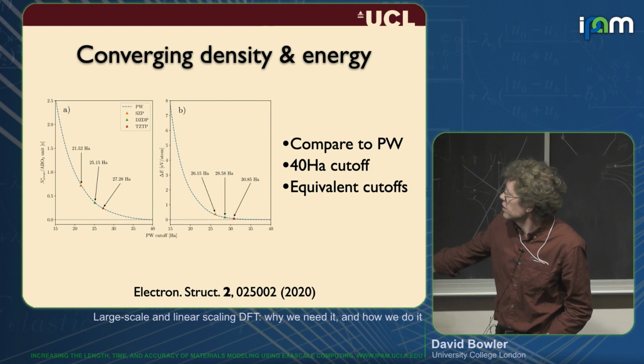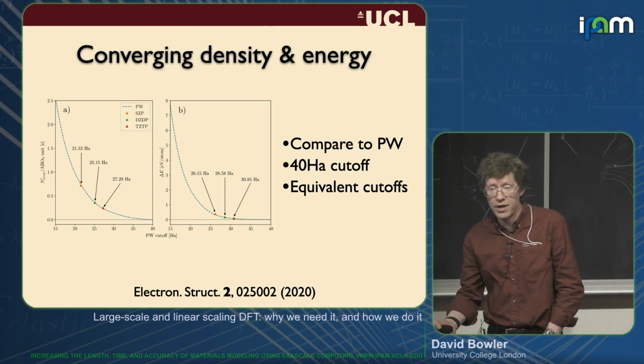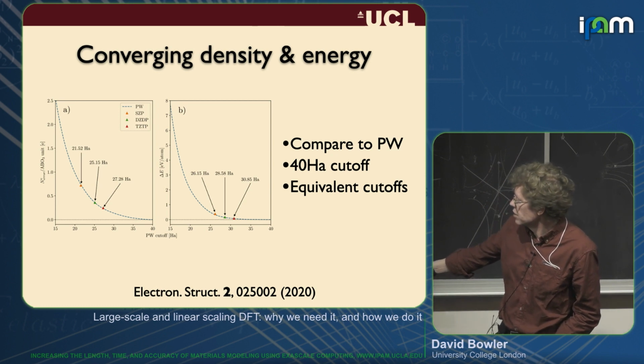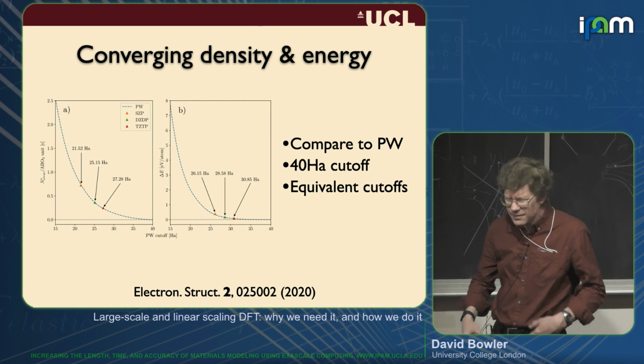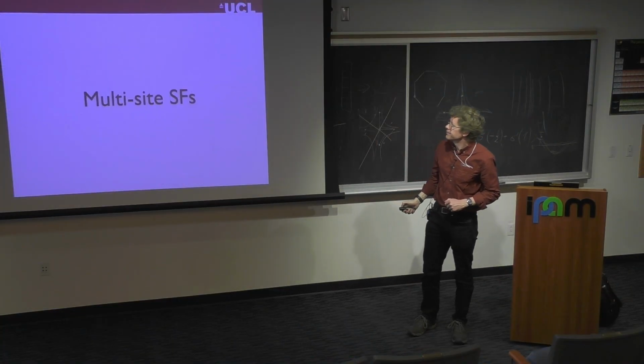What that showed was that even an SZP calculation was equivalent to about a 20 Hartree plane wave calculation, and this TZTP was going up towards a 30 Hartree cutoff. So it's demonstrating that these are reasonably accurate, which is reassuring.